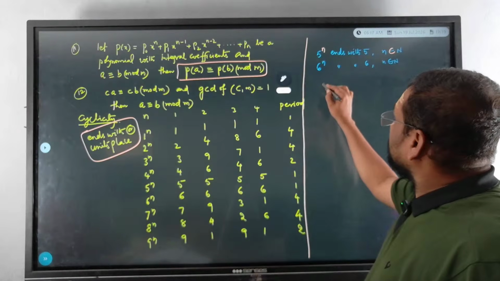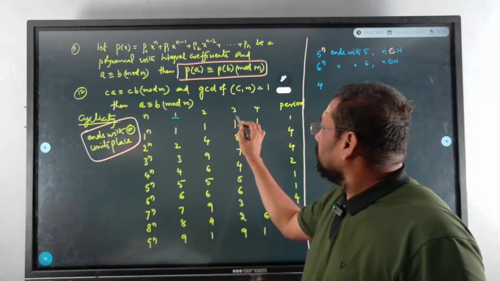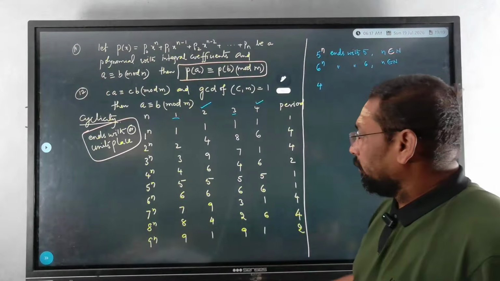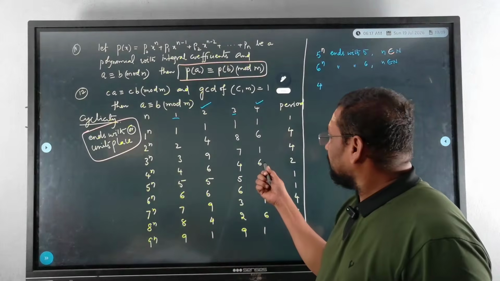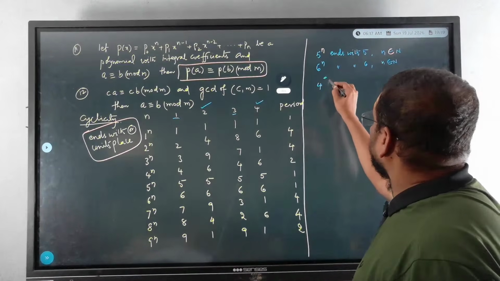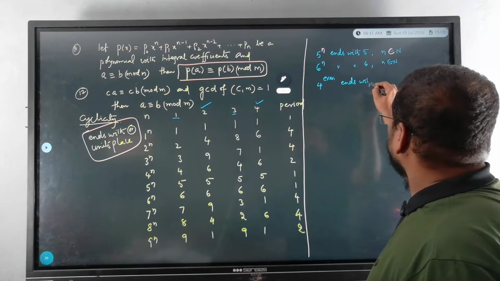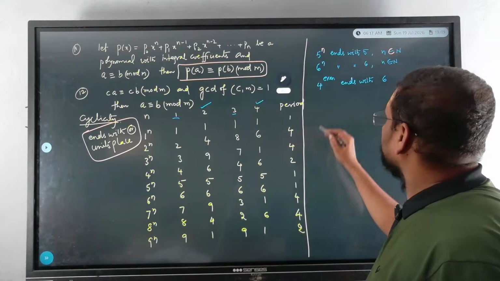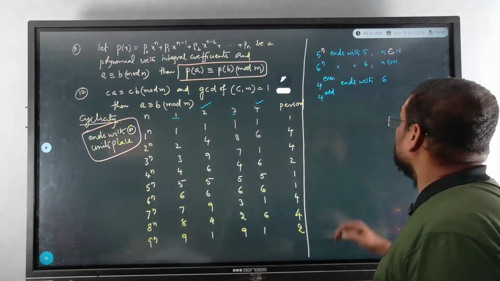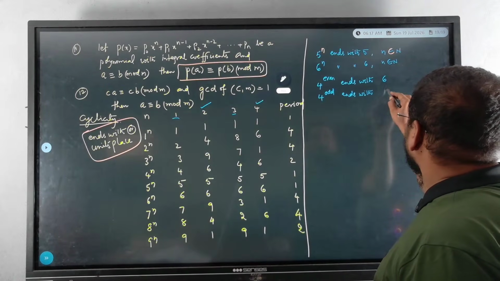Right? Now see, if you observe 4 power 1, 3 odd, 2, 4 even. For 4, for even powers it is 6, for odd powers it is 4. 4 power even ends with 6. 4 power odd ends with 4.